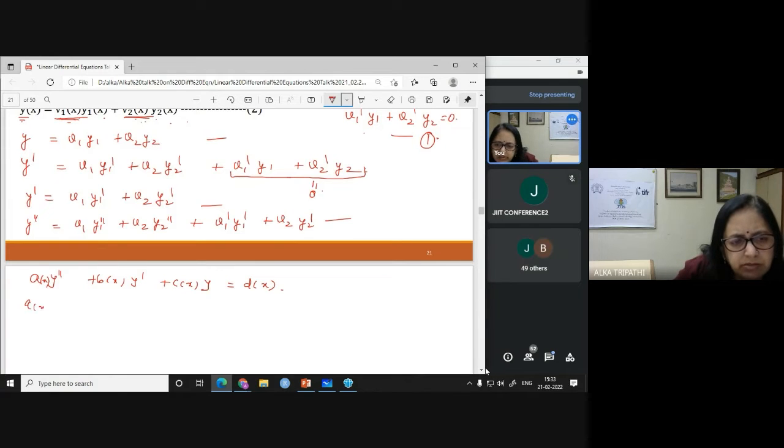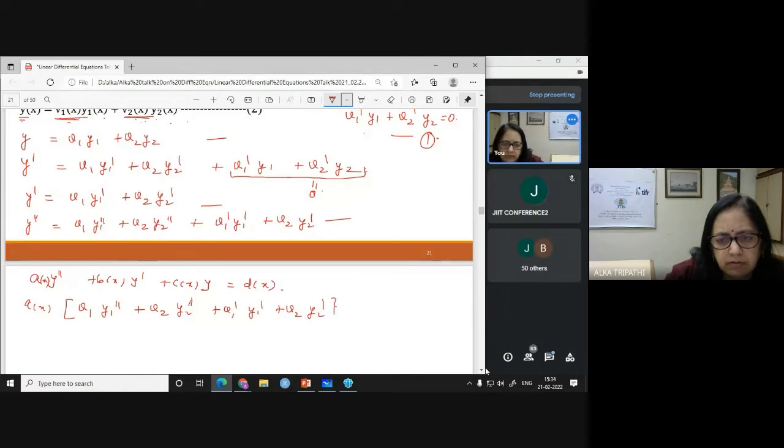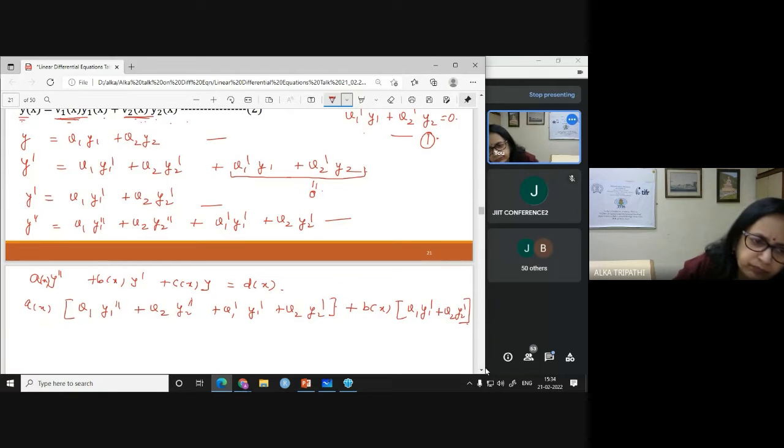So a(x) times y double dash is v1 y1 double dash plus v2 y2 double dash plus v1 dash y1 dash plus v2 dash y2 dash, plus b(x) times v1 y1 dash plus v2 y2 dash, plus c(x) times v1 y1 plus v2 y2, equal to d(x).